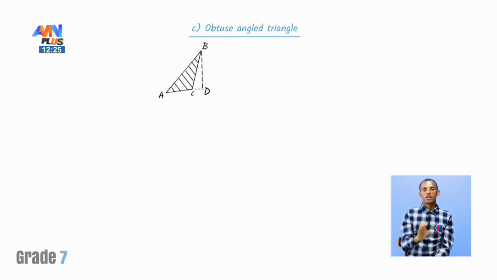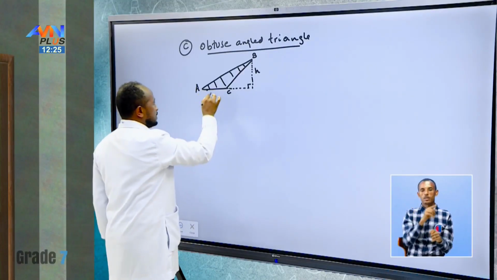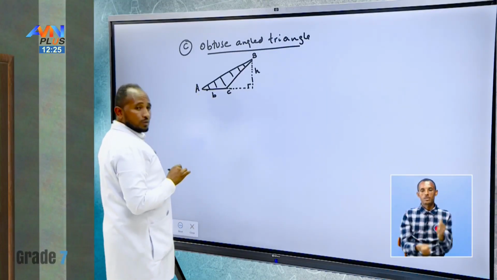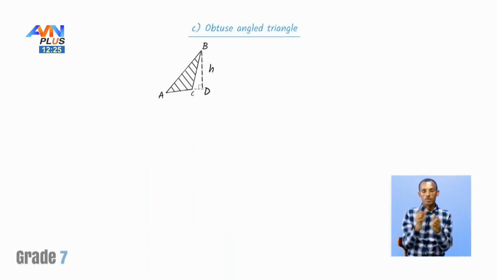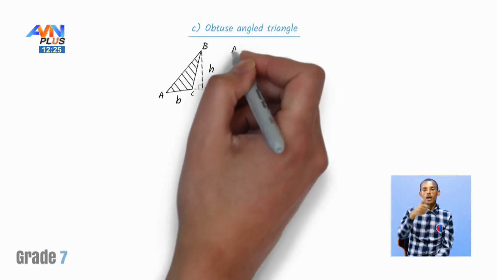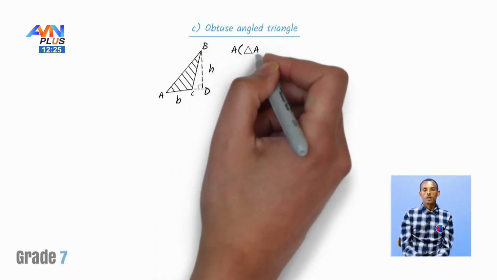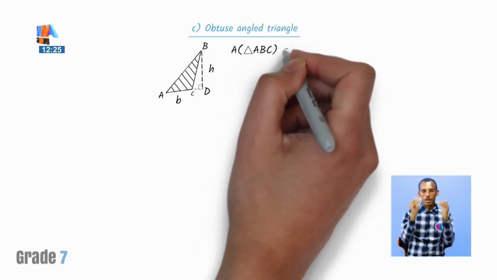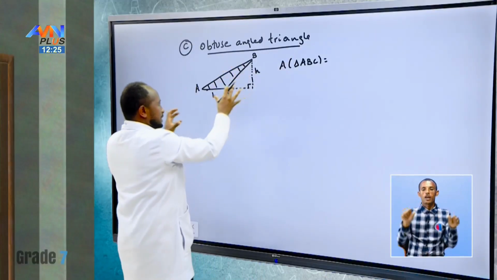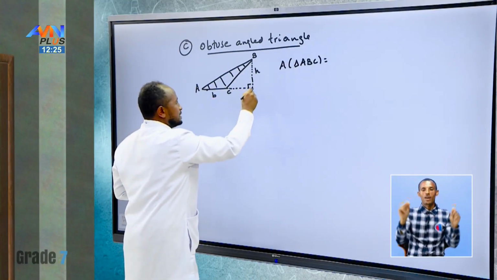So this will be the height of the triangle, and this will be the base.